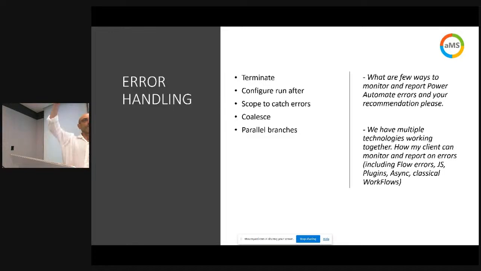Use scope. If you've got like 50 actions and you don't really need to know which one failed, you say whatever, any of these fail, it's all the same to me, not important. You can grab them and use scope, and scope will fail as the entire unit.